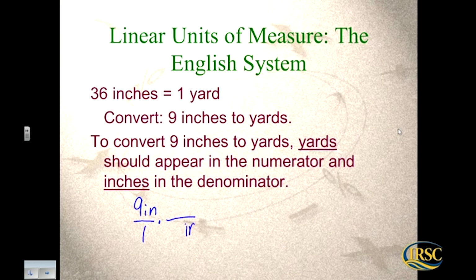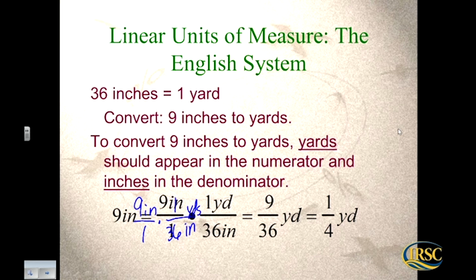Okay, so inches down here, yards up here, and so therefore we have 1 over 36, and then you can just go ahead and work out the problem. Okay, so you end up with 1/4 of a yard. Now sometimes decimals will be appropriate in this instance. Sometimes decimals are, like 1/4 would convert to an exact decimal, 0.25 yards.